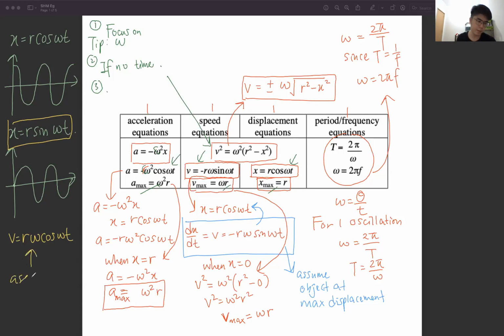This one assumes timing at the equilibrium position. Because when you differentiate this sine, you don't get a negative, so that's why you don't have a negative here. But if you differentiate this one, you get a negative.